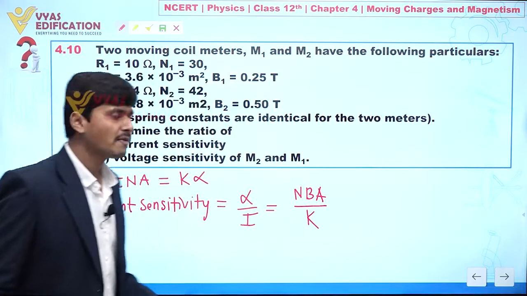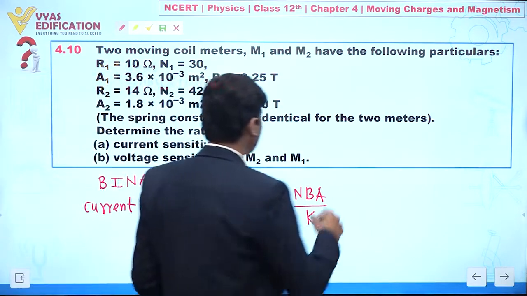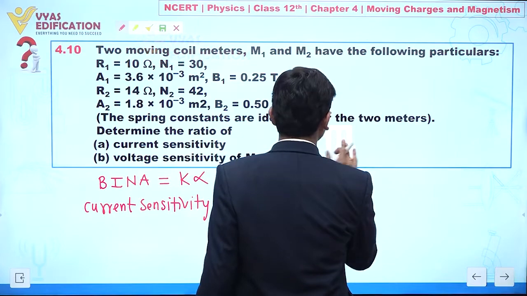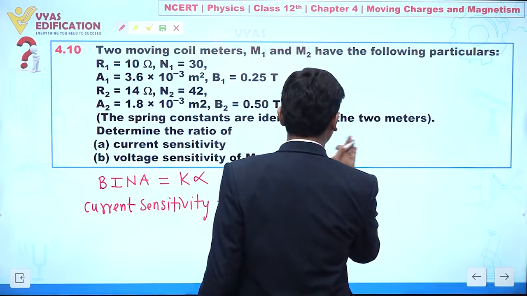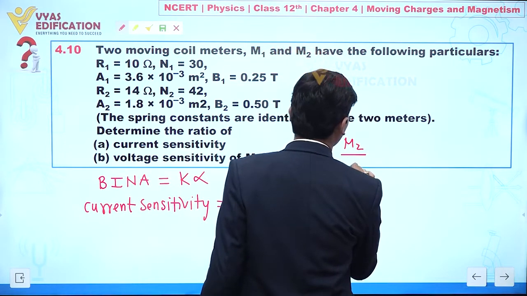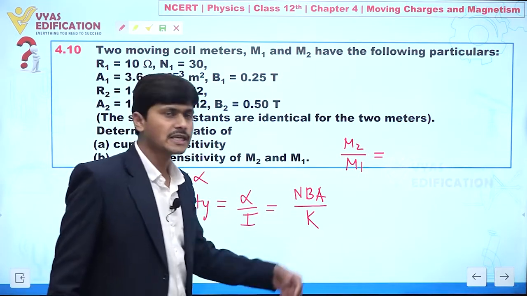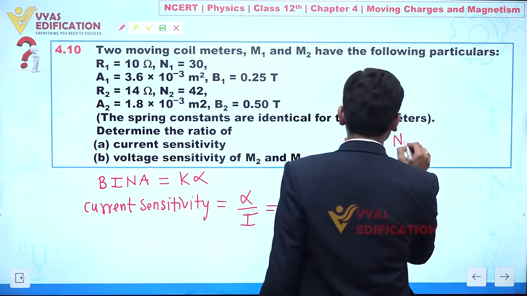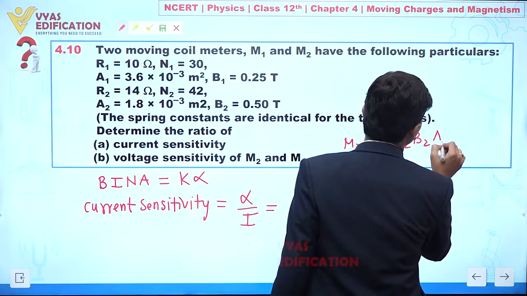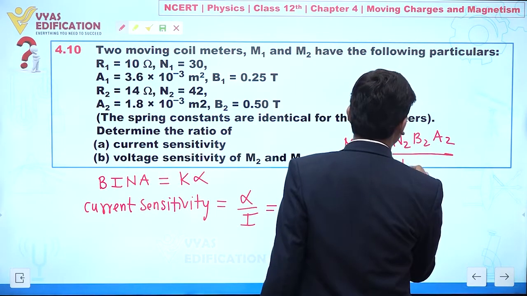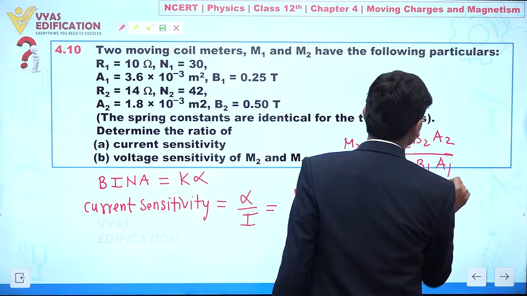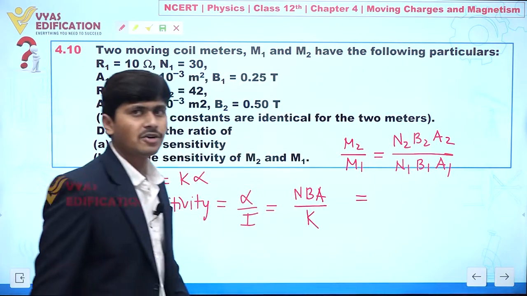If I find the ratio for M2 over M1, since the value of the spring constant is the same, I can write: N2 B2 A2 divided by N1 B1 A1.